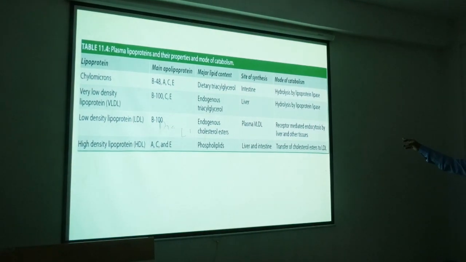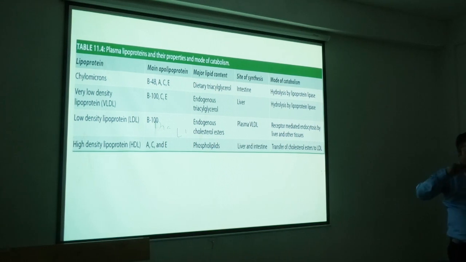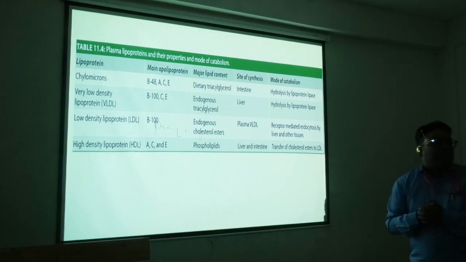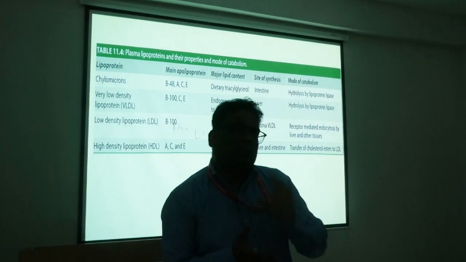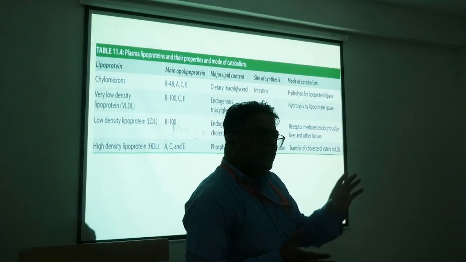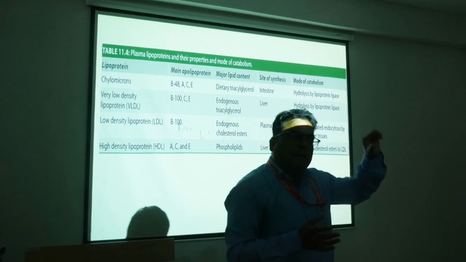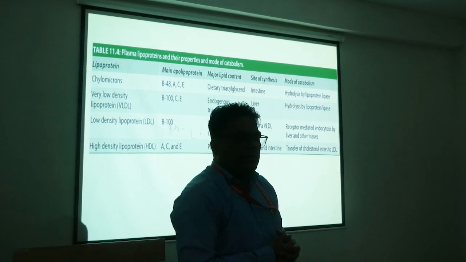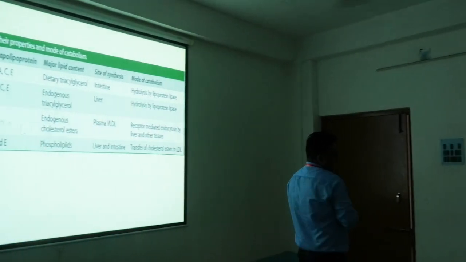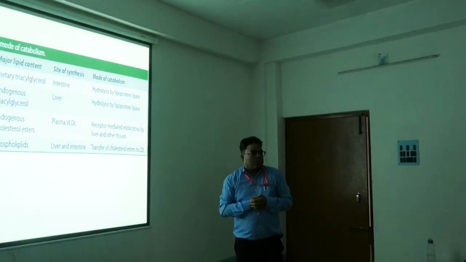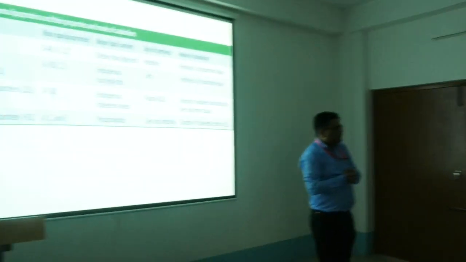This lipoprotein lipase is present in the peripheral tissues, but it is also present in the capillaries, attached to the walls of the capillaries. What is the function of lipoprotein lipase?